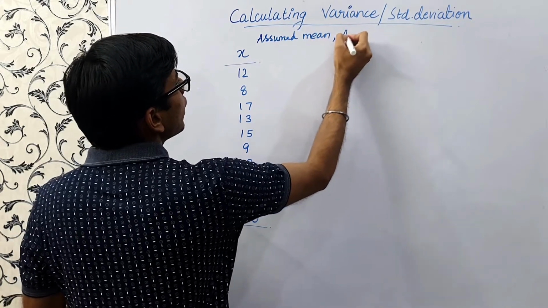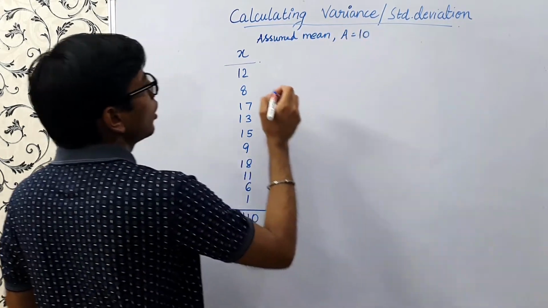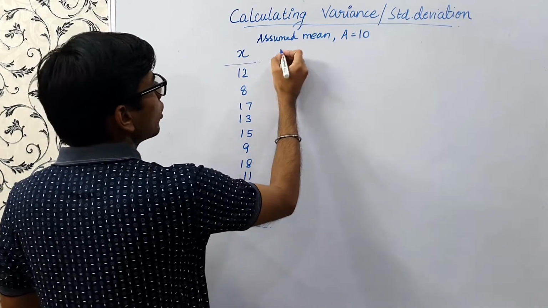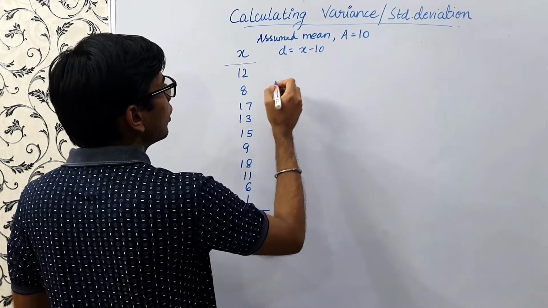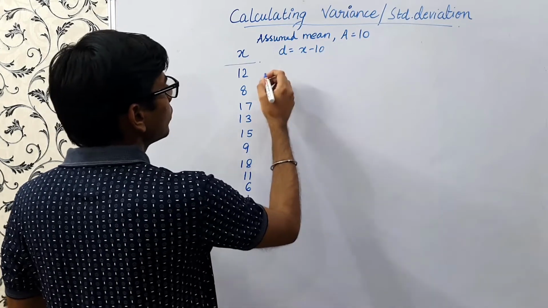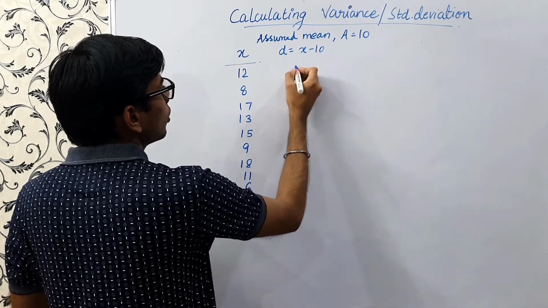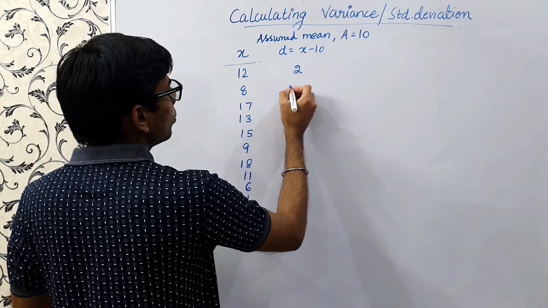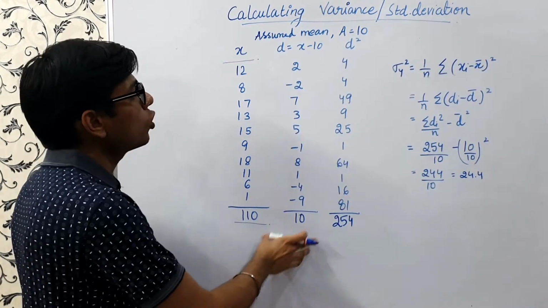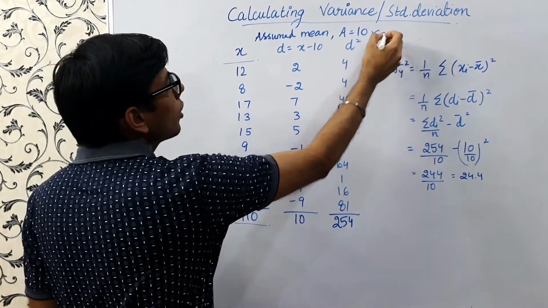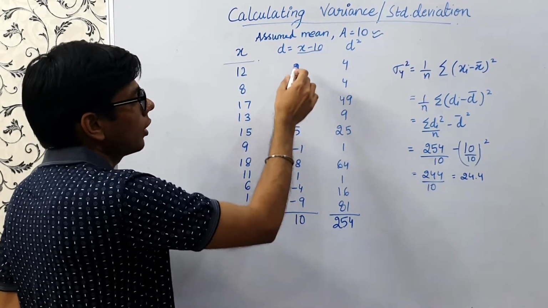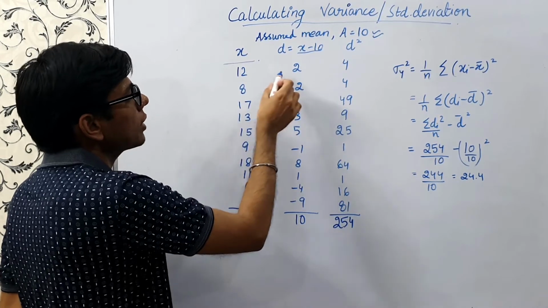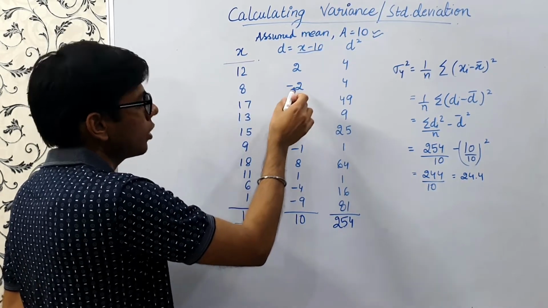Suppose a is equal to 10. So this is our assumed mean. We calculate the deviations as x minus 10. So in the assumed mean method, we have assumed that a is 10, and the deviations x minus 10 turn out to be 12 minus 10 is 2, 8 minus 10 is minus 2, and so on.